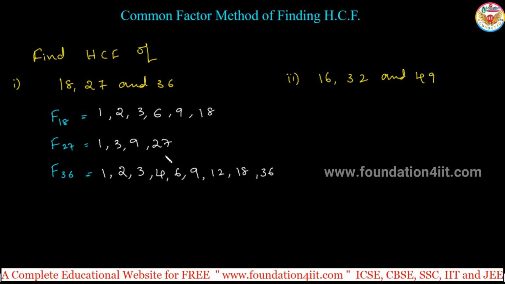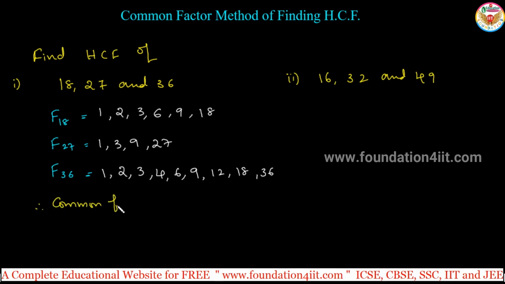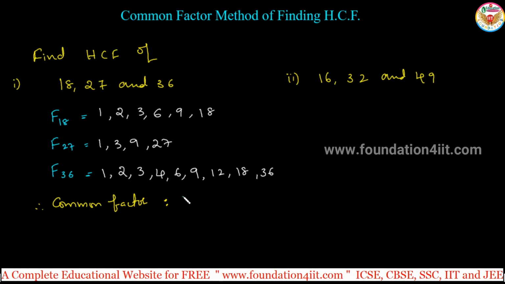From the factors obtained in step 1, these are all the factors, select the common factors. That is the second step. Common factors list: which are common, those we can take. So 1 is common in all three. Next 2 is here, but there is no 2 in 27, so it is not common.